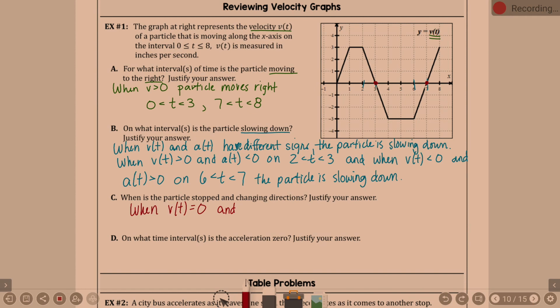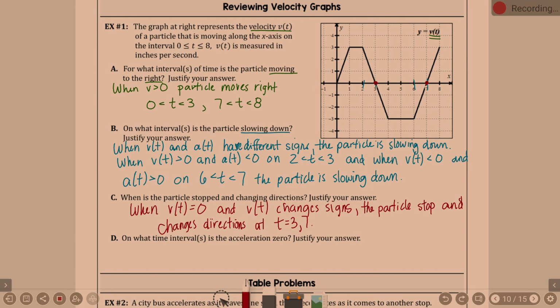When V of t equals 0 and V of t changes signs, the particle stops and changes directions. And that is at t equals 3 and 7.